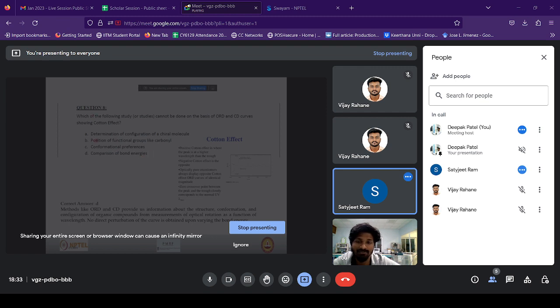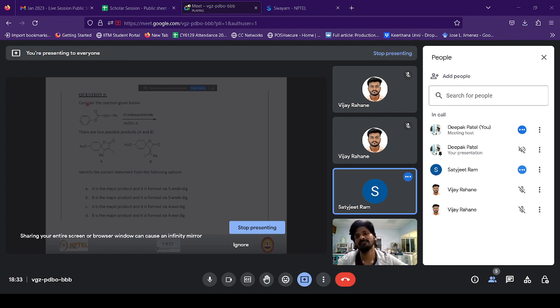From the options themselves, you can see option D is incorrect. Why? Because we can't determine the comparison of bond energy with this. It only interacts with light and gives conformational information, not bond energy. For bond energy, you have to use X-ray instruments, like XPS. So option D is the correct answer.